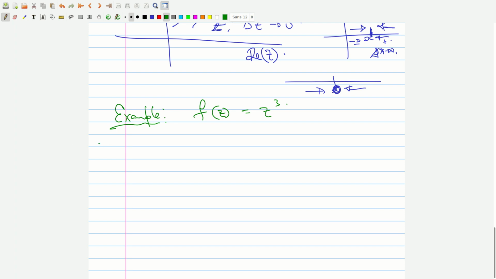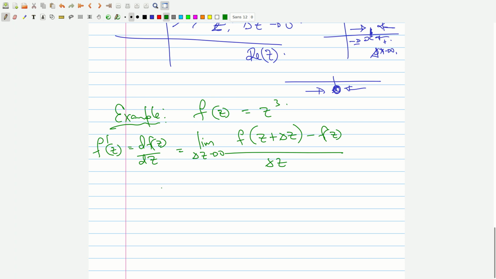So we say f dash of z, the derivative with respect to z, is the limit as delta z approaches 0 of f of z plus delta z minus f of z, all over delta z. What is f of z plus delta z? It is going to be that cubed, then minus z cubed over delta z.